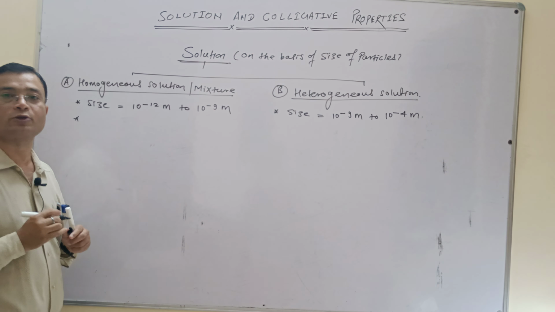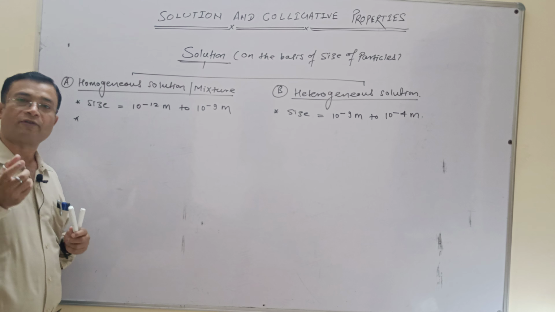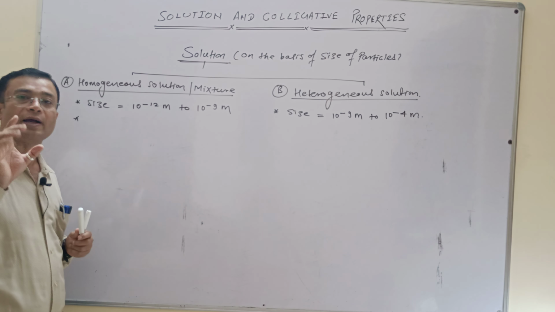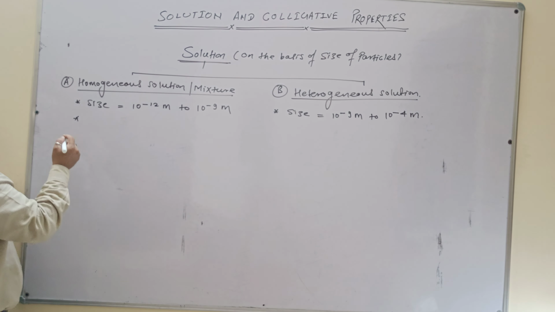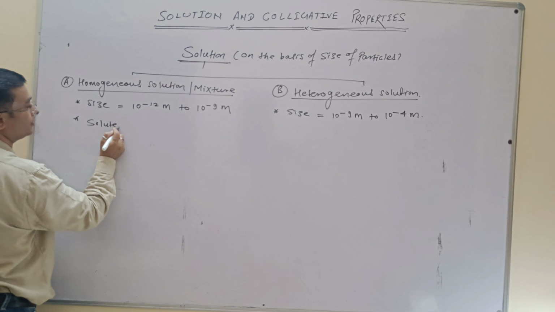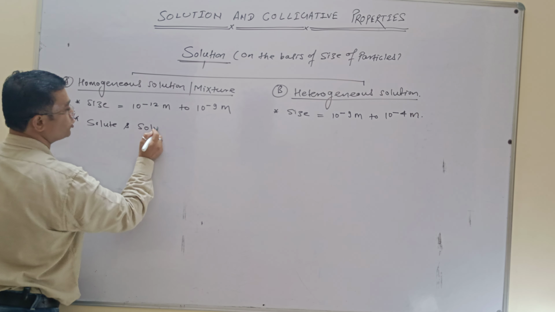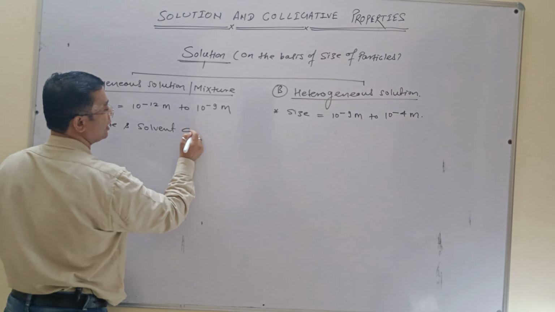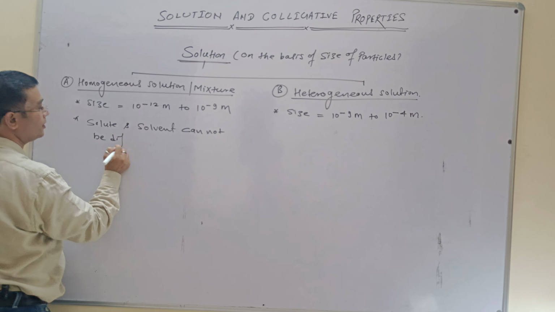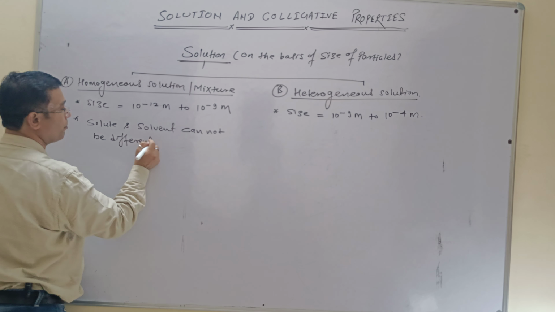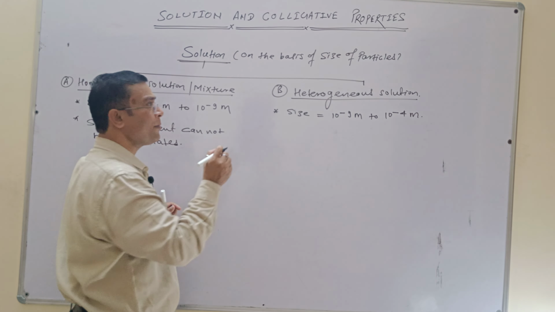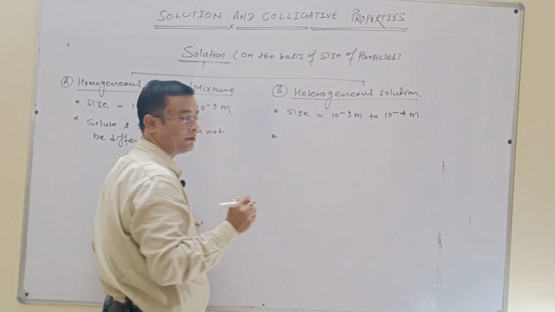Why is it called the homogeneous solution? Because after mixing, solute and solvent cannot be differentiated by the naked eye. And what happens in the case of a heterogeneous solution?